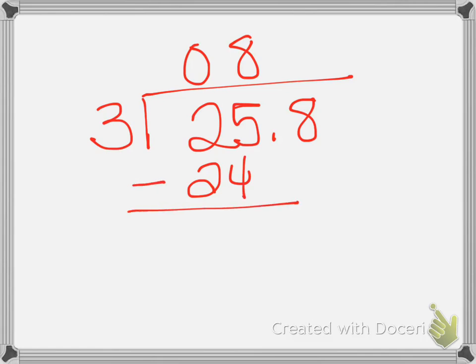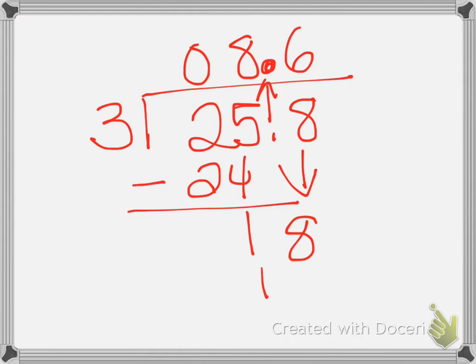You're going to subtract. 25 minus 24 is 1. I'm going to put my decimal where it belongs. First thing, bring down the 8. 3 goes into 18. How many times? 6. 6 times 3 is 18. I'm going to subtract, and that leaves me with 0.